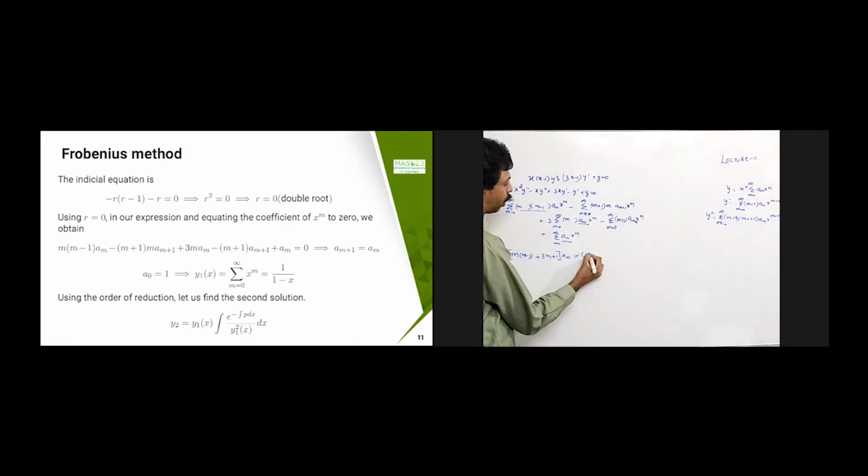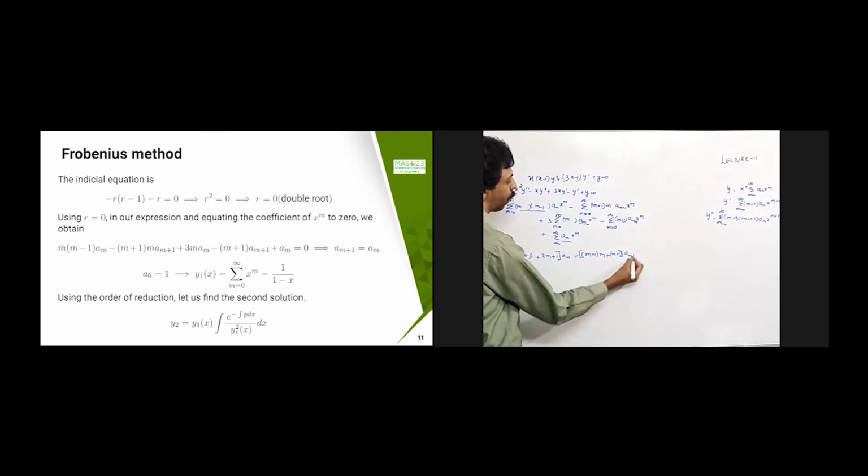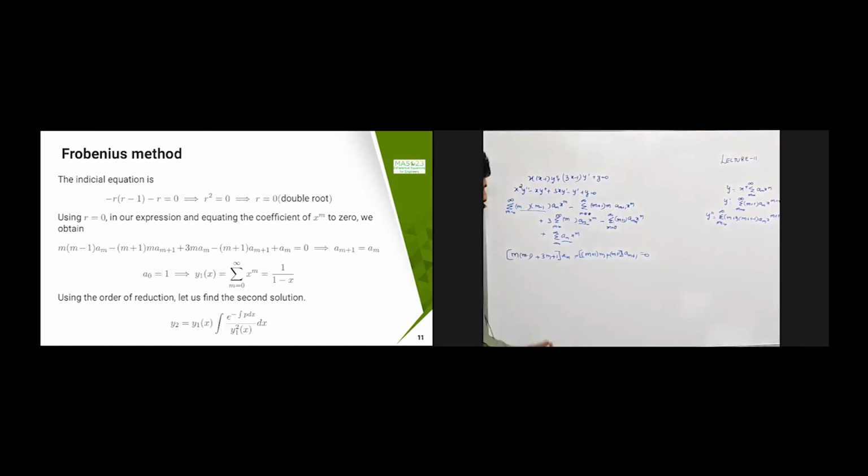So m plus 1 into m minus m plus 1 into am plus 1. Sorry, plus is going to come because I have taken minus equal to 0. So therefore, this is going to become m square minus m plus 3m. Therefore, this is going to become plus 2m plus 1 into am minus m plus 1. I am going to take it out.